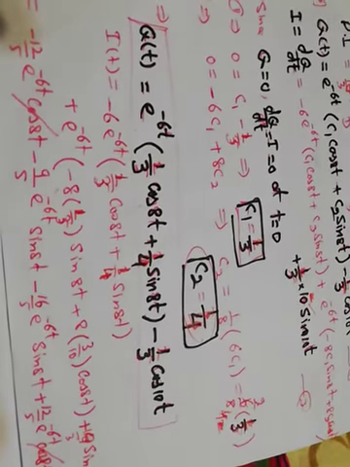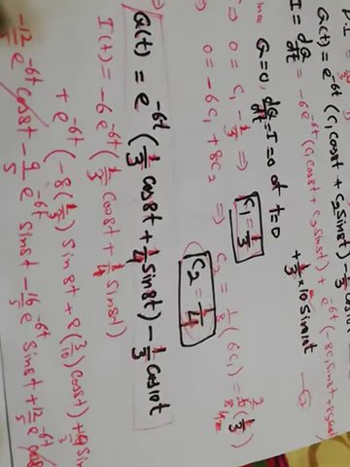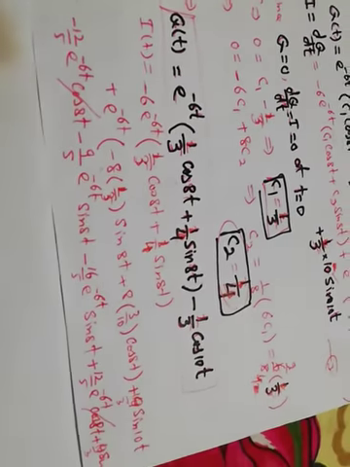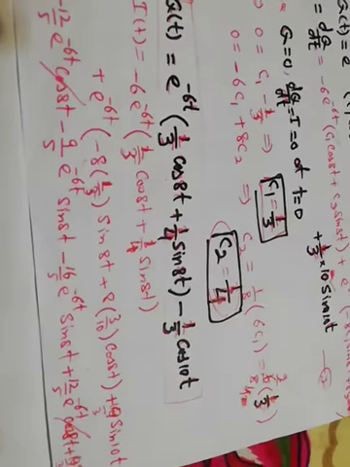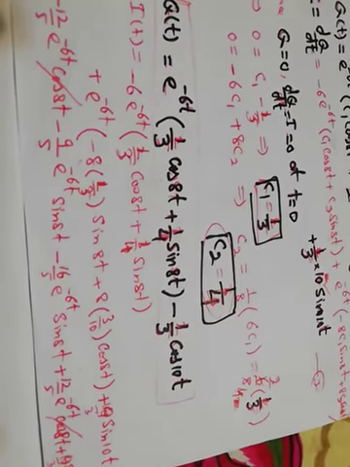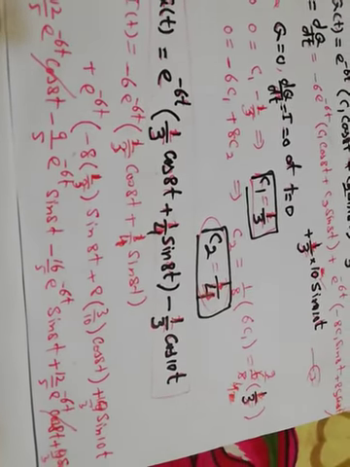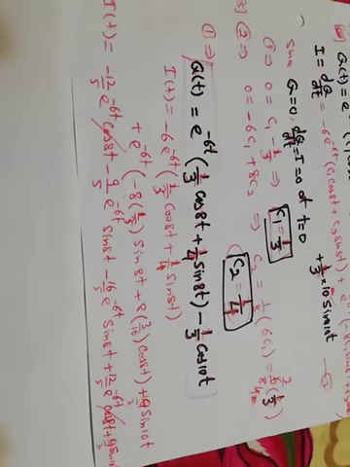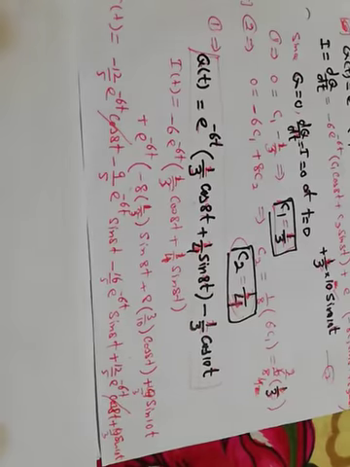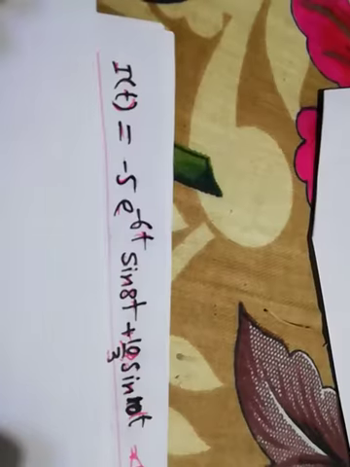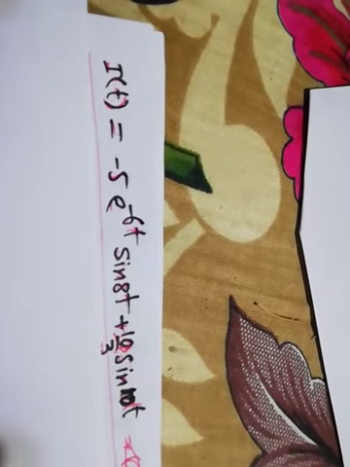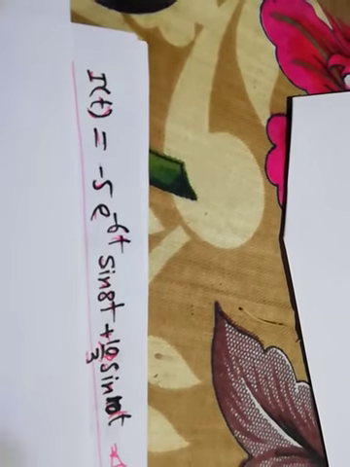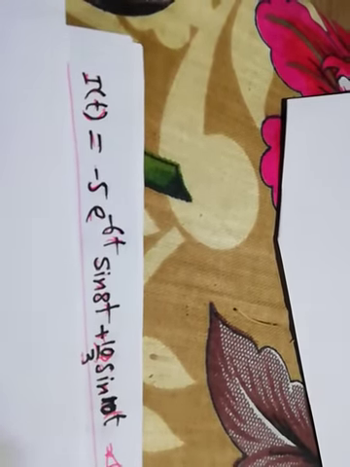Hence, after substituting the constants c1 and c2, q(t) will look like that, and similarly I(t), the current, will look like that, which are both the charge and the current at any time t. When you simplify the current, I(t) is equal to minus 5 times e raised to power minus 6t sin 8t plus 10/3 sin 10t.